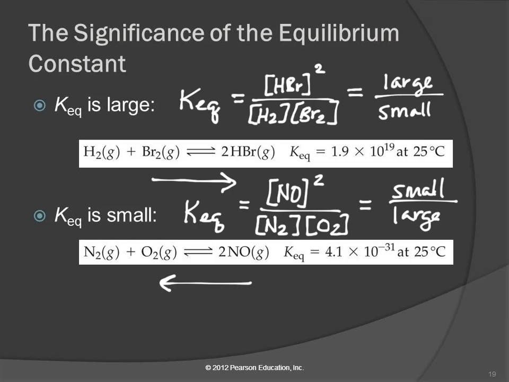Yes? I had a question. Is there something in that equation that's limiting the equilibrium? Because if the KEQ is large, as you're saying, it favors one. If it's small, it favors another. So what's limiting what? Well, it's just a description of what actually happens. You can't just have any old concentrations you want here.